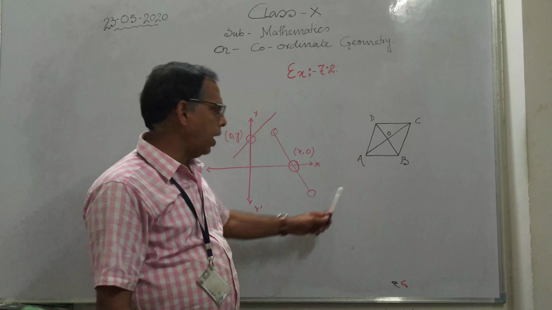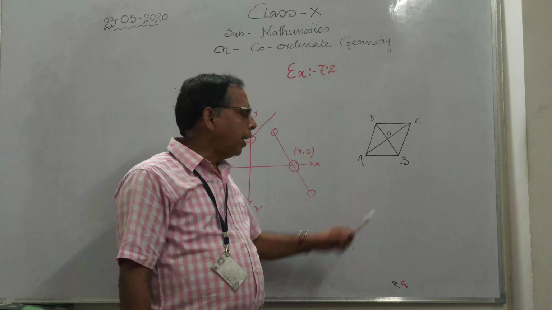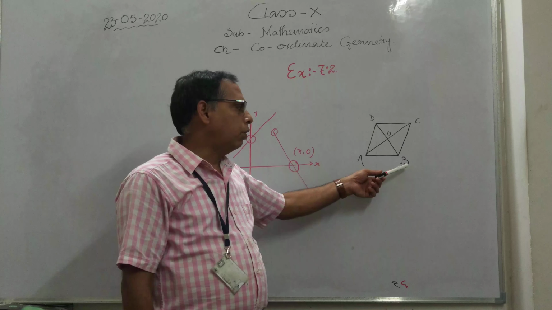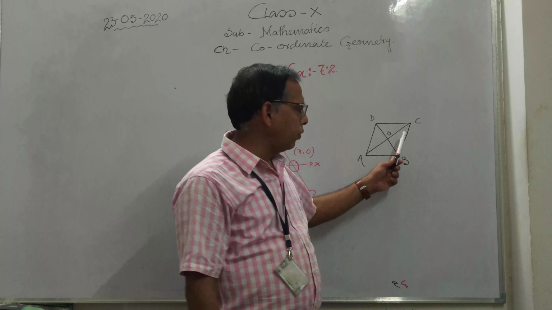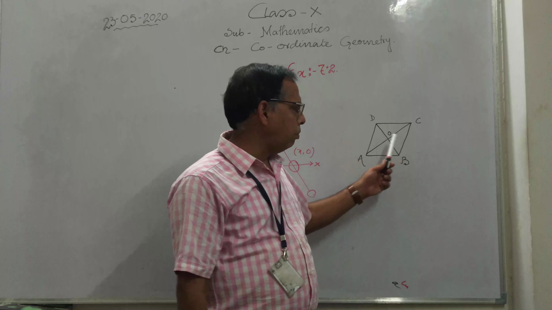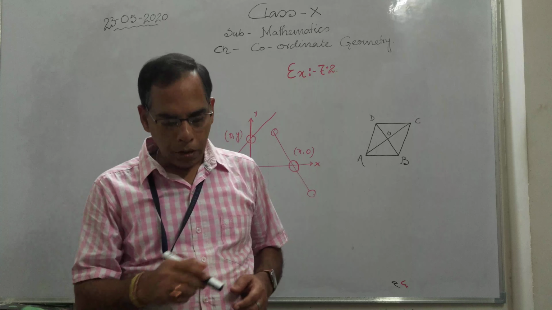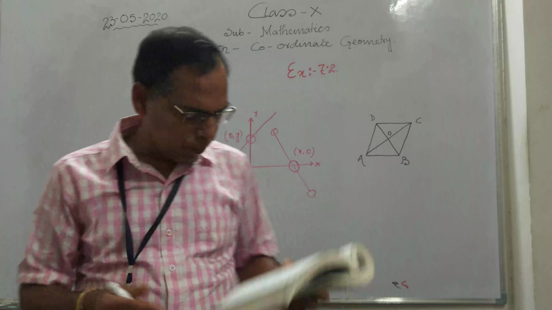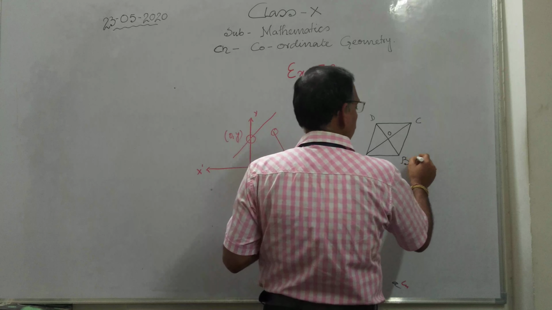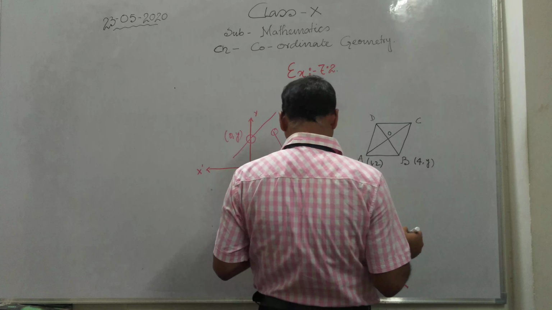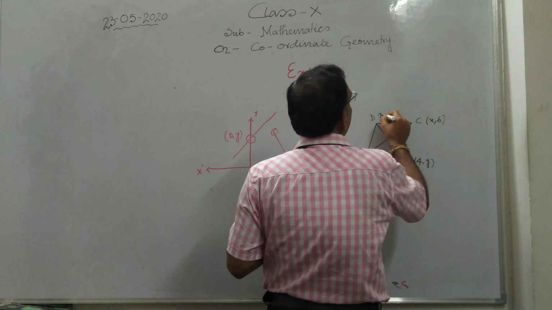So what we'll do here is find the midpoint, the coordinate of O, from A and C, and again find the coordinate of O from B and D. Whatever we get from AC and whatever we get from BD, both will be equal, because the point is the same, point O, and its coordinate will remain the same. Now please write down in order the coordinates: 1, 2; 4, y; x, 6; 3, 5.